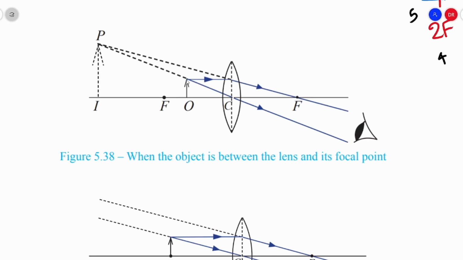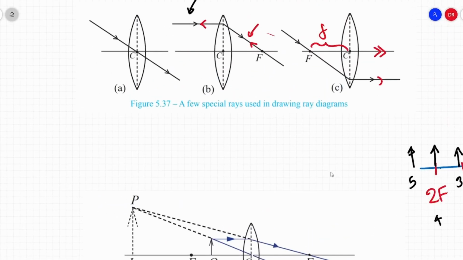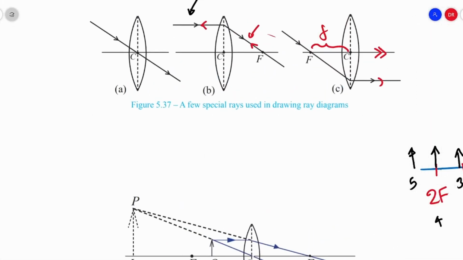Second, we are using the ray coming towards the optical center, and it moves without any change. You can see we have used A in the first one and B in the second one. Okay, A and B basic ray diagrams were used for this explanation. But you may have a question, why don't we use this one?